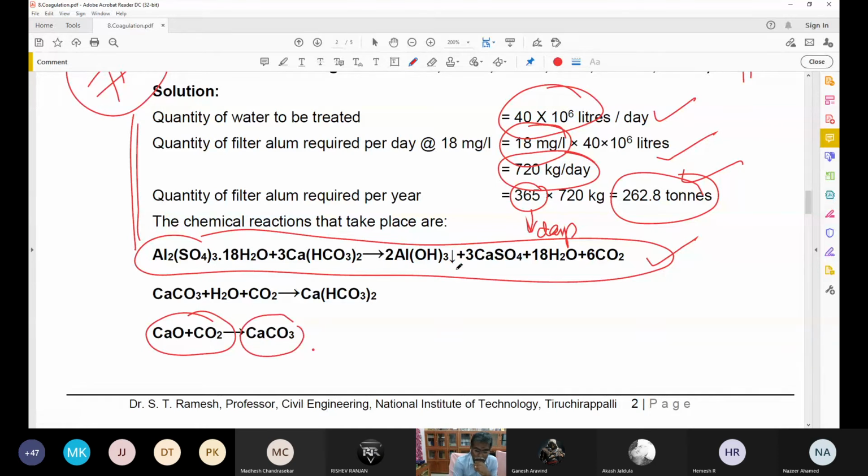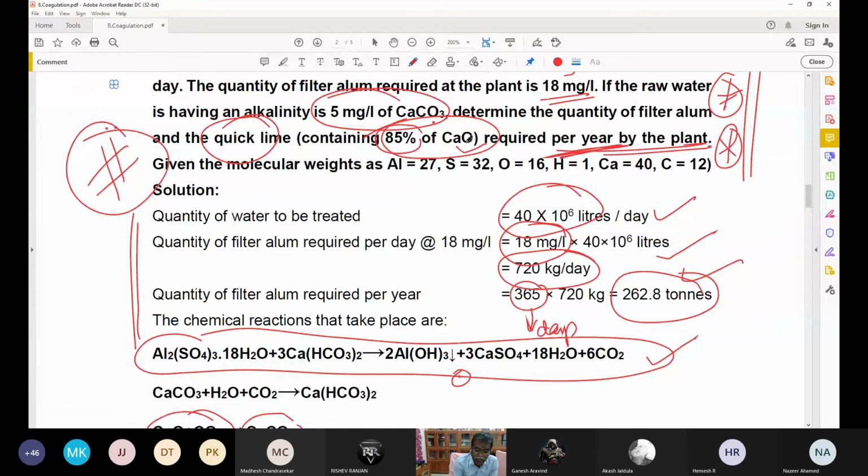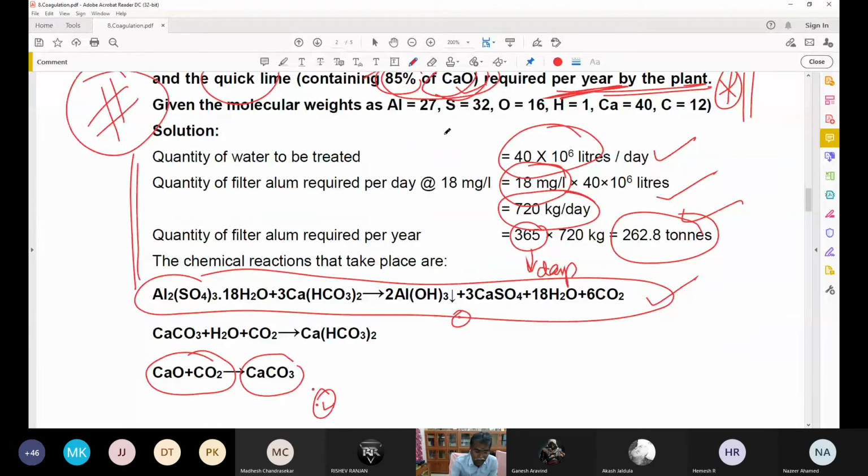This could be the second equation, because I'm going to add quicklime in terms of calcium oxide. The calcium hydroxide may also react with carbon dioxide, which will form calcium carbonate. Again, the calcium carbonate will also react with the water and form calcium bicarbonate. Is it fine? So these three reactions you have to be familiar with. Is it okay? Yes.